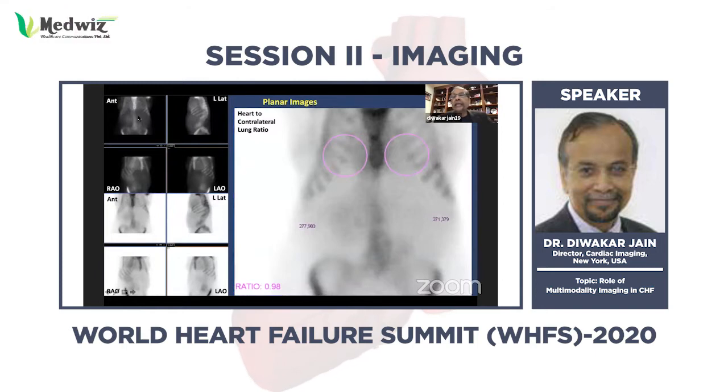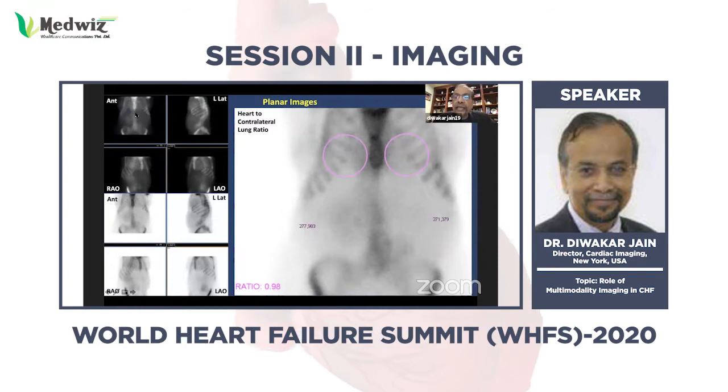This technique is primarily, although we can do SPECT imaging as well, based upon planar imaging. So the planar images are shown here: anterior view, left anterior oblique view, left lateral, and right anterior oblique view. This is just the inversion of the scale. And as you can see, we can see the bones.